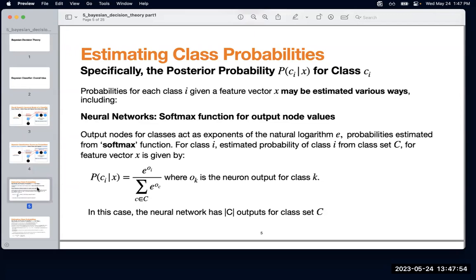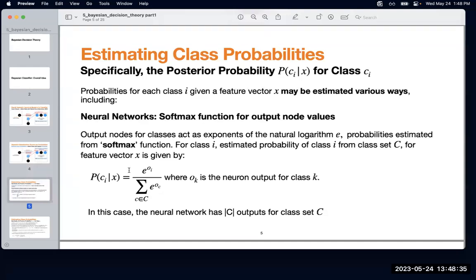As I mentioned, we very popularly do that just by applying the softmax function. The softmax function is the most popular way to estimate our probability, in this case the posterior probability, because we want to estimate the class of a given input. Given that you know the input, the class probability is conditioned on the input, so you want to estimate the probability of that class belonging to that input, or the other way around, the input belonging to that class.